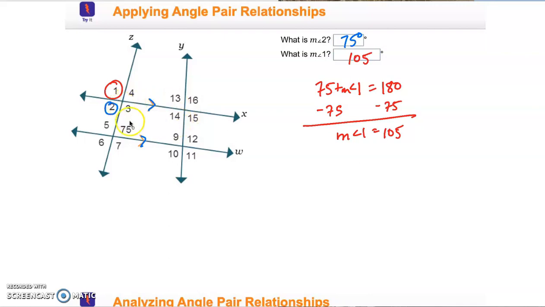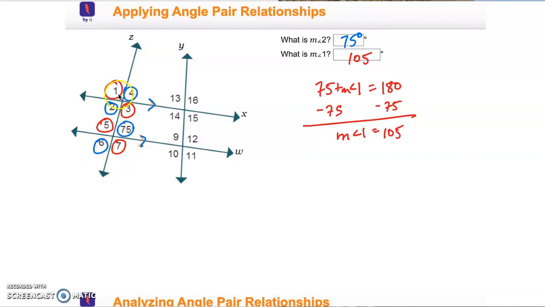Now, by knowing one angle in this whole set right here, we can find every single one of those angle measures, because we know that these lines are parallel. I'm going to circle in red all the ones that are 105 degrees, and I'm going to circle in blue all the ones that are 75 degrees.